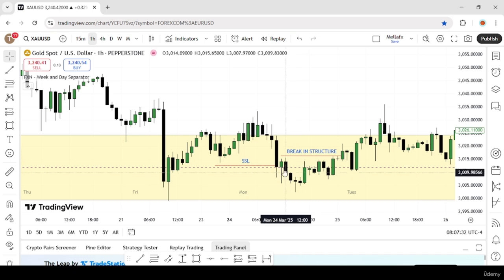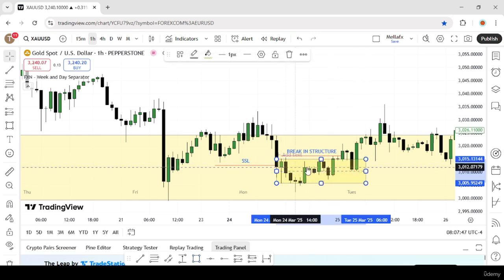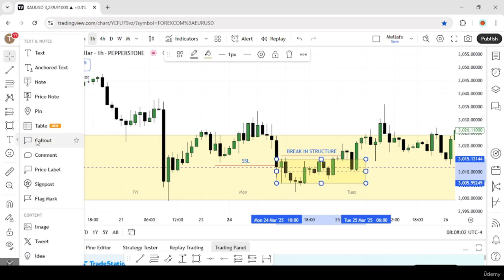So once this was confirmed as our breaker, remember we can use different entries, and I'll teach these different entry points that you can use. The first entry that you can use is the breaker, and you just have to extend it. But remember, I've said that we have to confirm the break in market structure first before even using that breaker. And the next thing is our entry should be during a specific time zone.